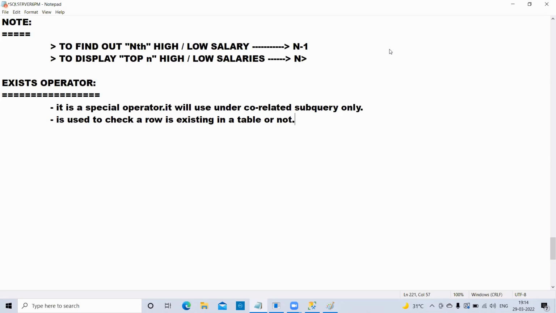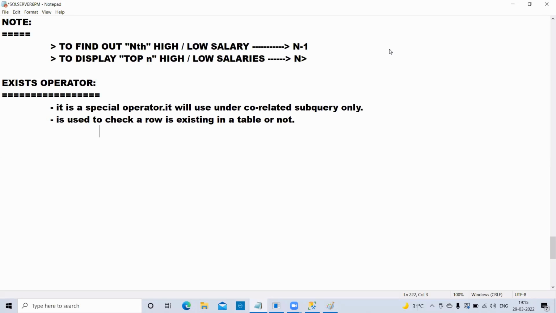So I use this operator to check whether my required row is present in your table or not. That is verified with the help of the exist operator in correlated subqueries.